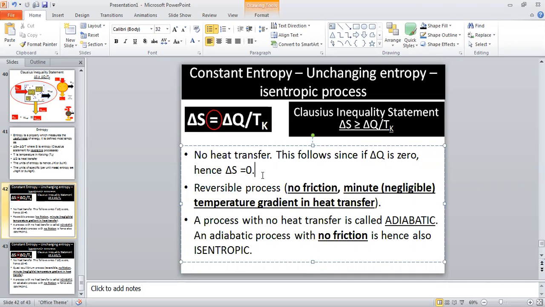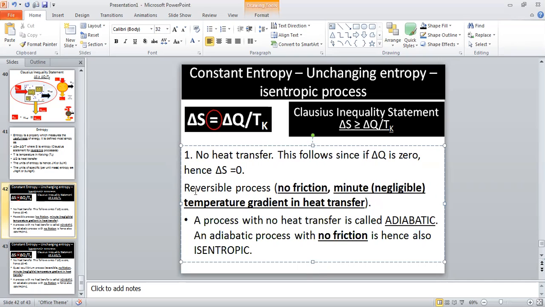Adiabatic, no heat transfer is one thing. So two conditions. I put 1, no heat transfer. 2, reversible. Delta S equals 0 if the process is reversible.